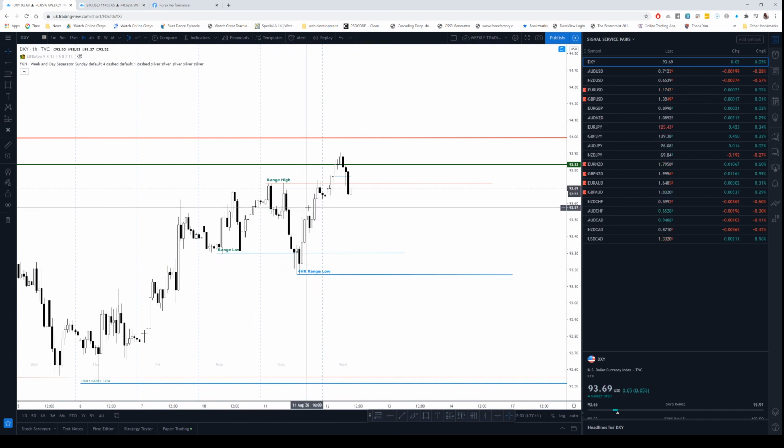All right, and then the other group will be the breakout traders. Okay, they'll be saying, okay, price has gone above this high, so let's sell it. Okay, straight away those people will get killed right there. Okay, and then the third group will be, okay, now price has broken above it, so let's buy it. Okay, so three traders: sellers here, sellers up here, and then buyers up there.